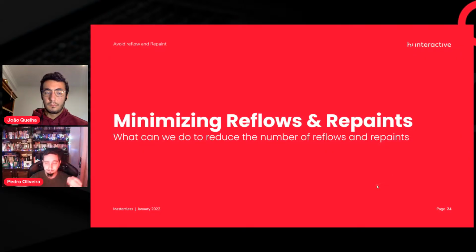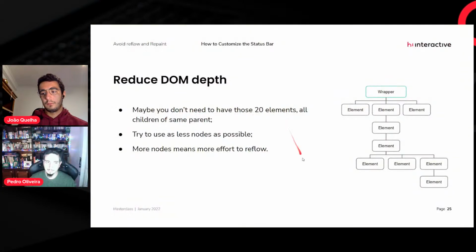Okay, so as you can see, the browser can help us deal with reflows and repaints, but then again, it's also up to us to know some tricks and some ways of avoiding excessive requests for a reflow, for example. And I'm going to talk about a couple of them in the next minutes.